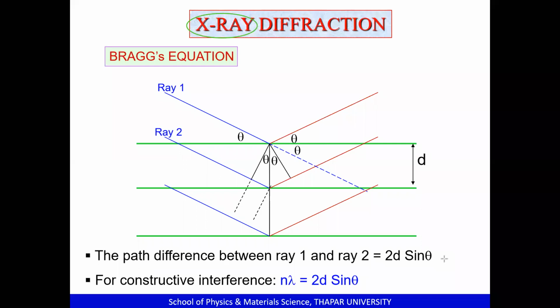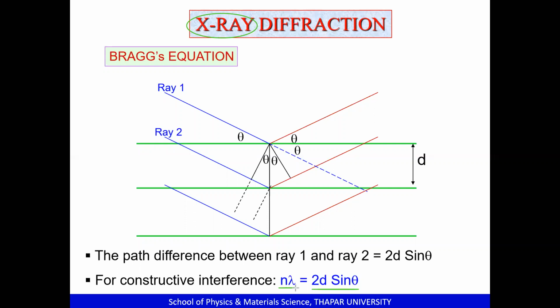Now we have been taught in the class on diffraction that if this path difference, which is equal to 2d sine theta, is equal to an integral multiple of the wavelength, which is n lambda, then you can have a constructive superposition. That is, you can visualize the diffraction.